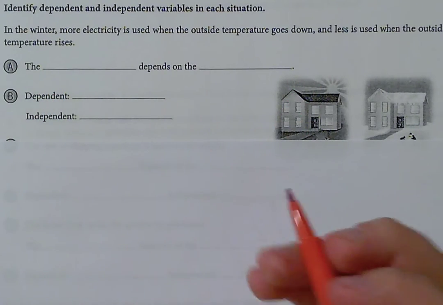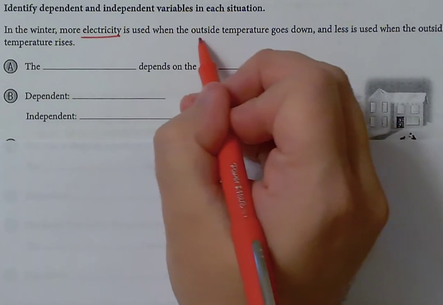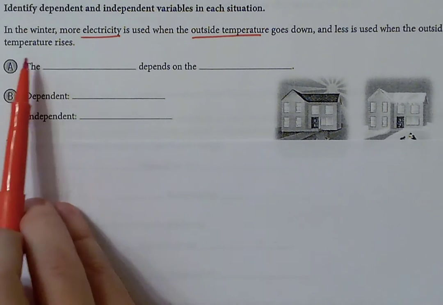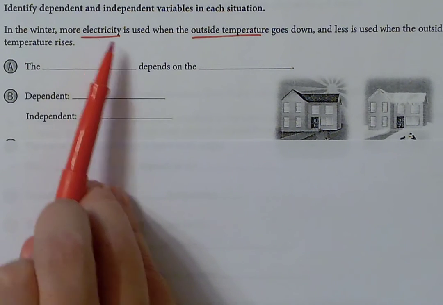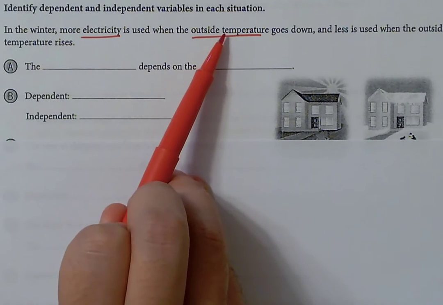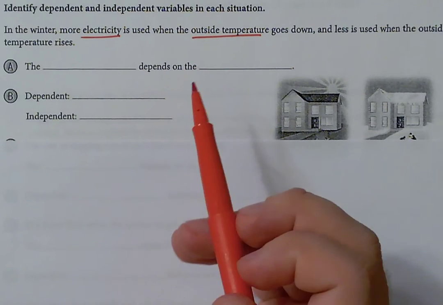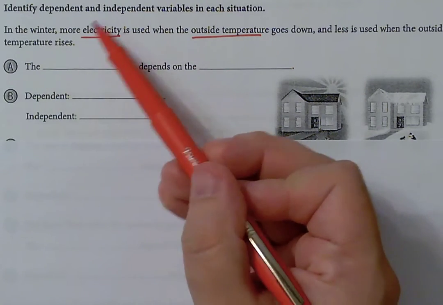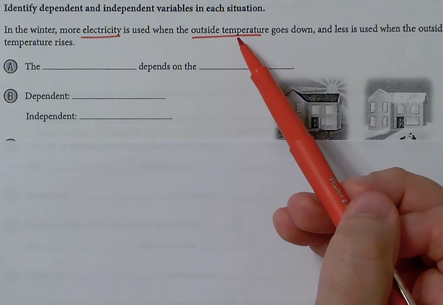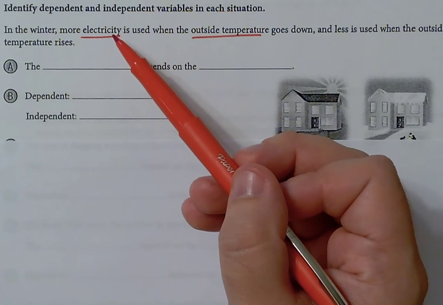So our two variables in this case are electricity and outside temperature. Does the amount of electricity depend on the outside temperature, or does the outside temperature depend on the electricity that you use? You have to ask yourself: does the amount I use change based off the outside temperature, or does the outside temperature change based off how much electricity I use?